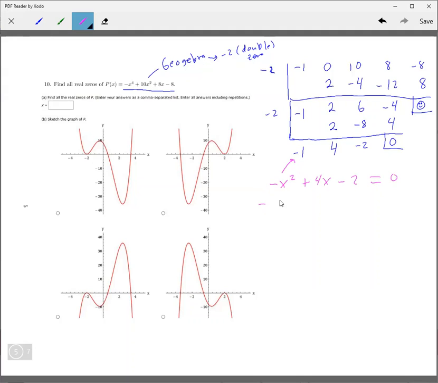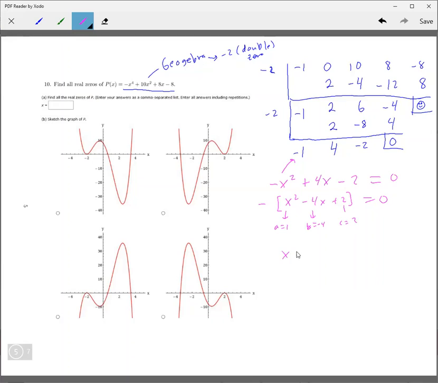Let me go ahead and factor a negative out because that's not really going to matter. So x squared minus 4x plus 2, and that's not going to factor. But I just use the quadratic formula. So a is 1 from here, b is negative 4, and c is 2.